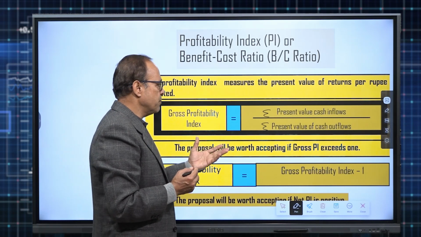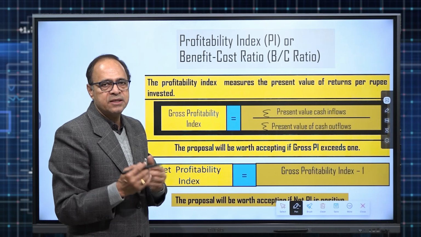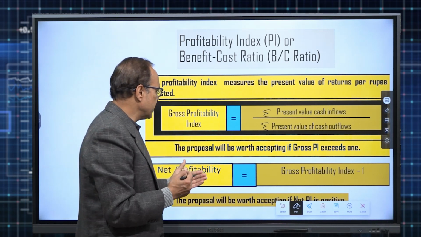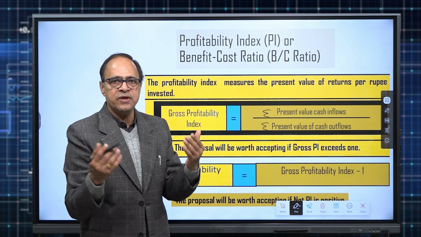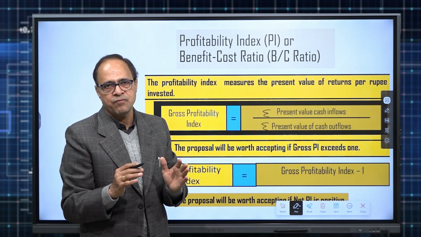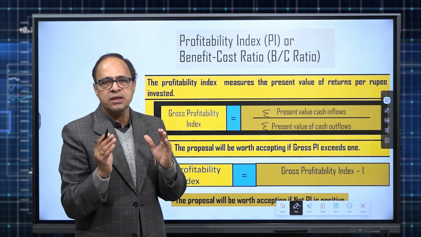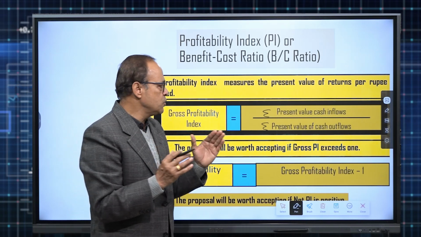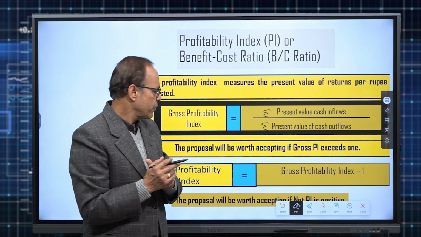And the decision rule is simple. The moment gross profitability index exceeds 1, we will accept it. Even if it is equal to 1, we will accept the project, because a gross profitability index of 1 means we are going to earn a return equal to the discount rate used for calculating time value or present value.